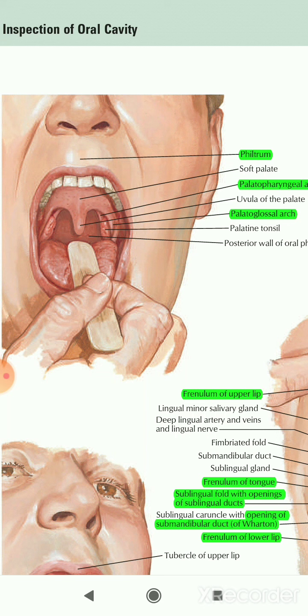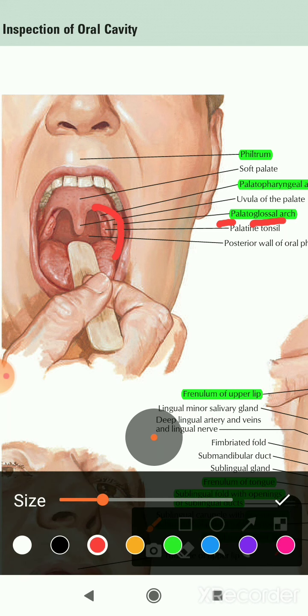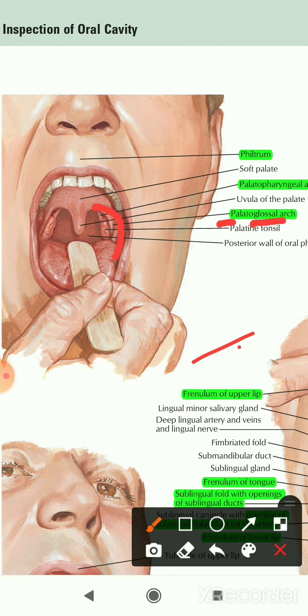So palatoglossal, glossus means tongue and palate stands for the soft palate. So it is the arch or mucous fold extending from the soft palate up to the tongue. So this is palatoglossal arch. Then palatopharyngeal arch, that means it will connect the soft palate with the wall of the pharynx.